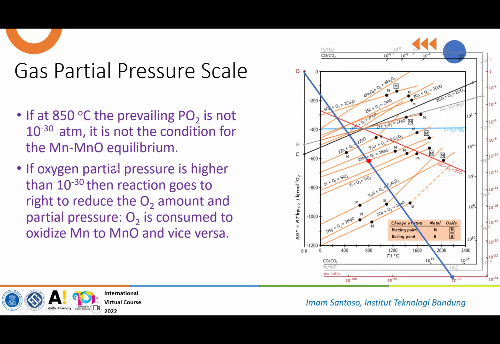If the oxygen partial pressure is higher than minus 30, it means you have a lot of oxygen. Because it is not in equilibrium, in order to become equilibrium, oxygen needs to be decreased. Therefore, oxygen will react with Mn to become MnO.